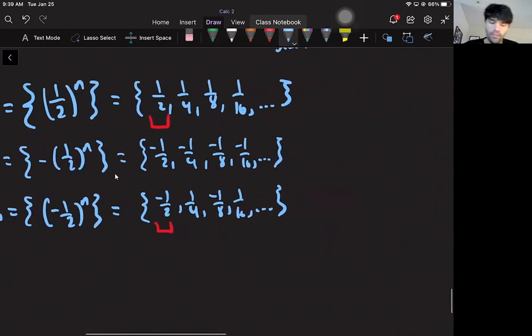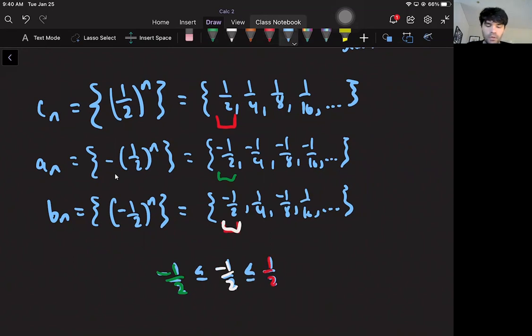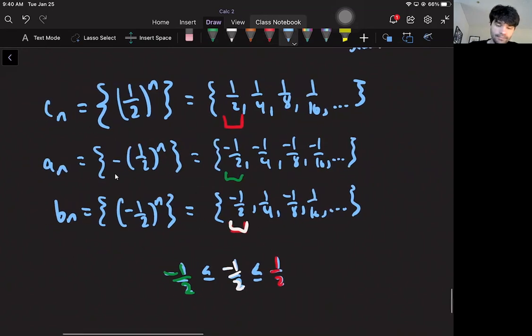So we can see that negative 1/2 is less than or equal to, because it's equal to negative 1/2, and that's less than 1/2. So we have an, same color, is less than bn is less than cn. Less than or equal to, for those ones.